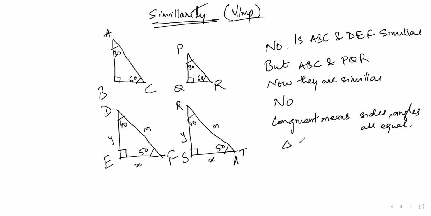Therefore, triangle DEF is identical, or you can say congruent. There's a symbol for congruency, but I don't remember it, so I'm just going to say triangle DEF is congruent to triangle RST. Understood? So those are the two main properties of similarity.